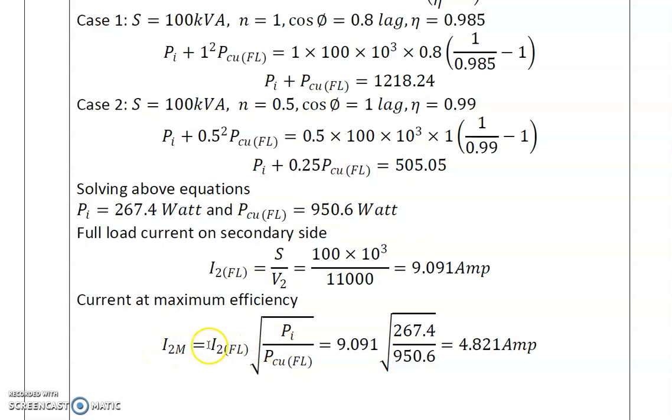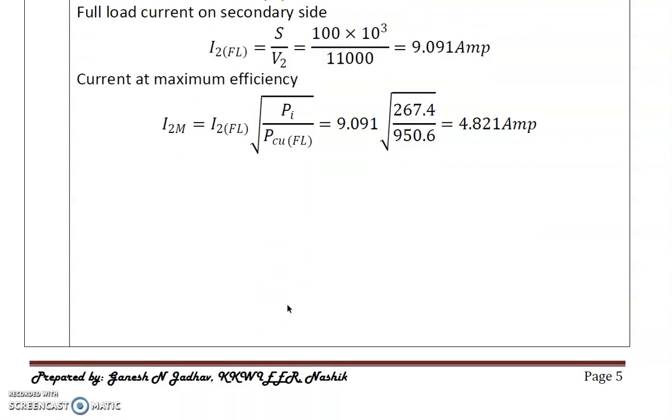So I2FL is 9.091 times the square root of P_i over P_cu substituted, and I got the current 4.821 ampere. When the current is equal to 4.821 ampere, the efficiency will be maximum in the transformer.